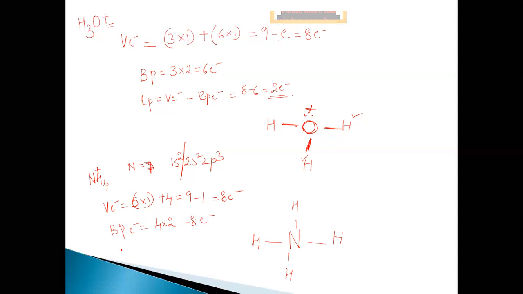The lone pair of electrons here is 0, because valence electrons minus bonding electrons is 0. So there's a positive charge, so write this on the central atom here. Yes, this is the structure of the ammonium ion, and I'll discuss a few more structures in my next video.